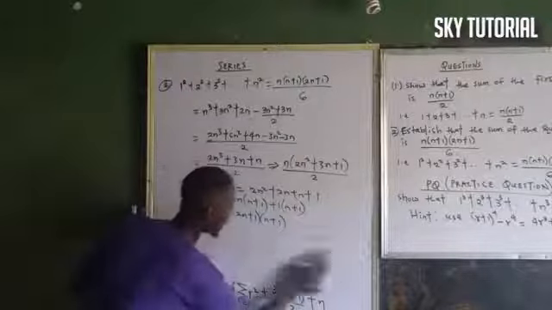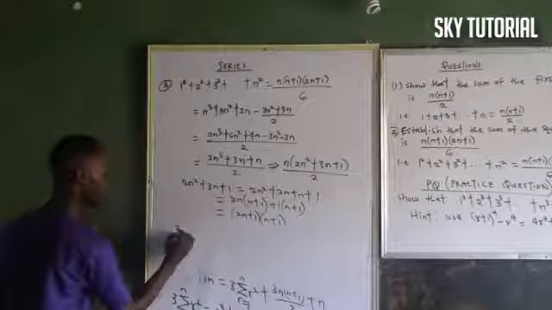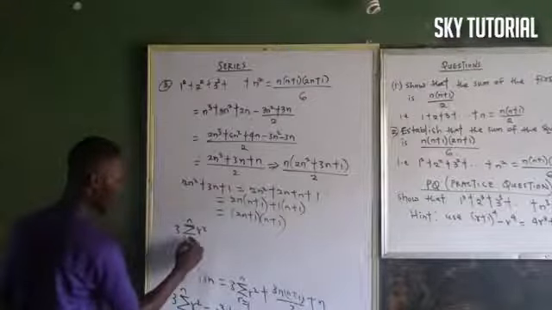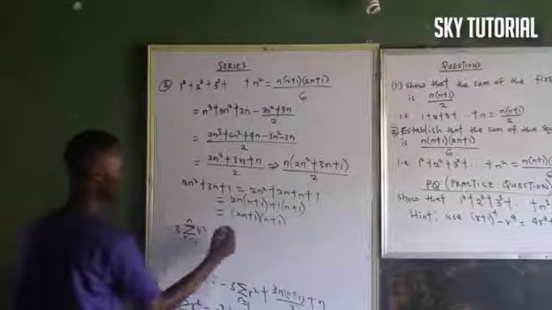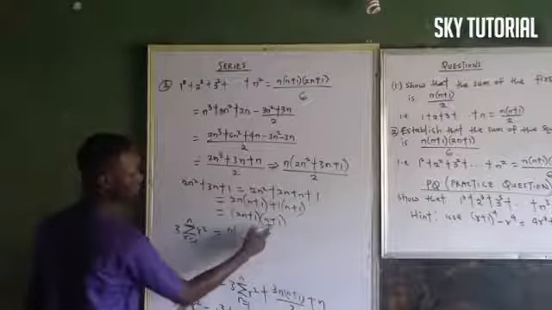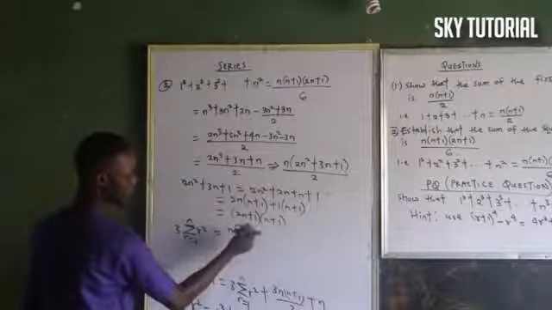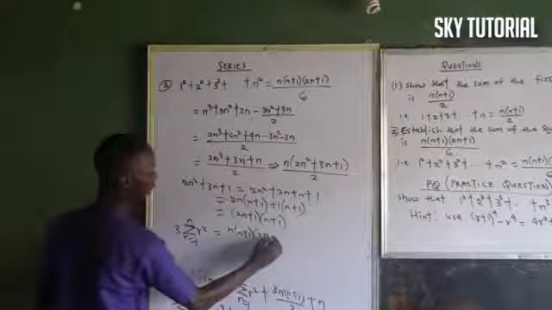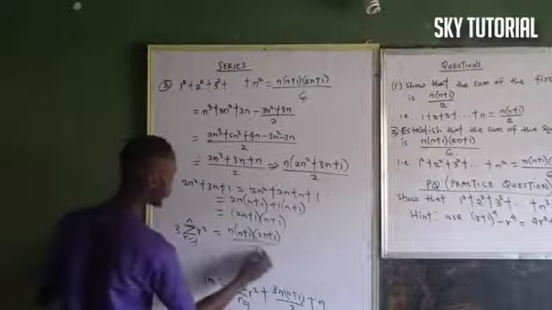So we now have the summation of r^2 from r = 1 to n to be equal to n into bracket. I can put this one first. This times this is still that this times this. So I can put it as n(n+1)(2n+1)/2.